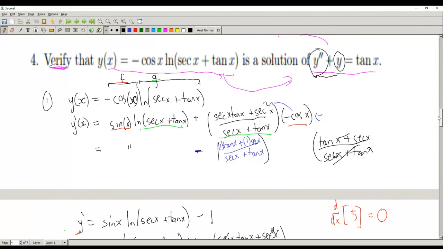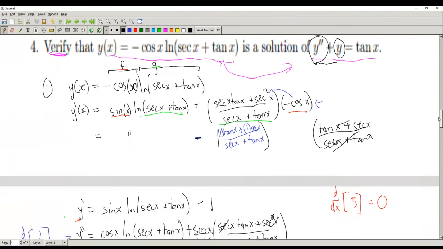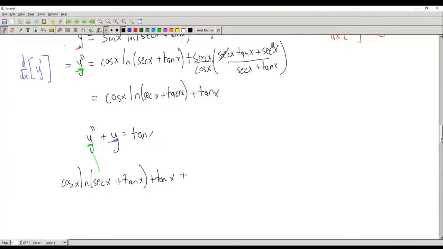So if we pull out our y, it's minus cos x ln of sec x plus tan x, is equal to tan x. And they're asking us to just verify.